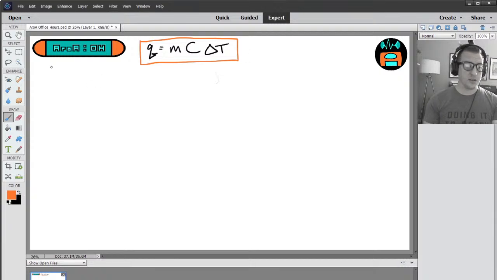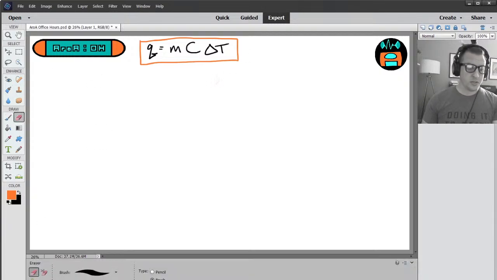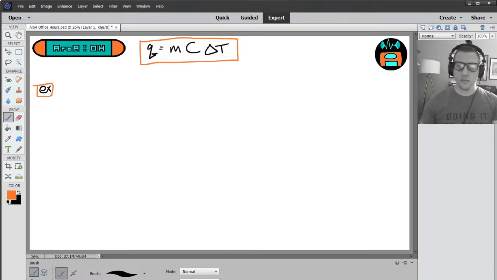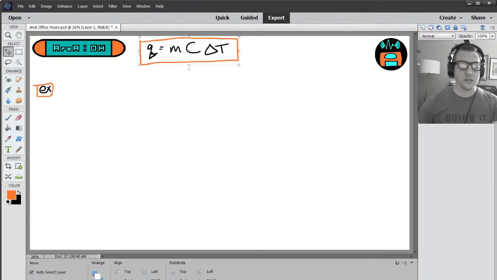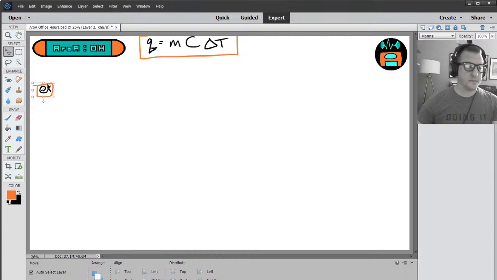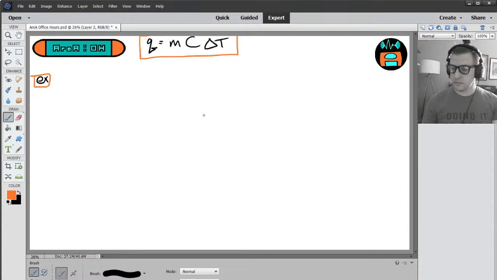And we can use this equation to solve problems like the following. So I'm just going to give myself a little more room to work here. Alrighty, so we can solve problems like the following.